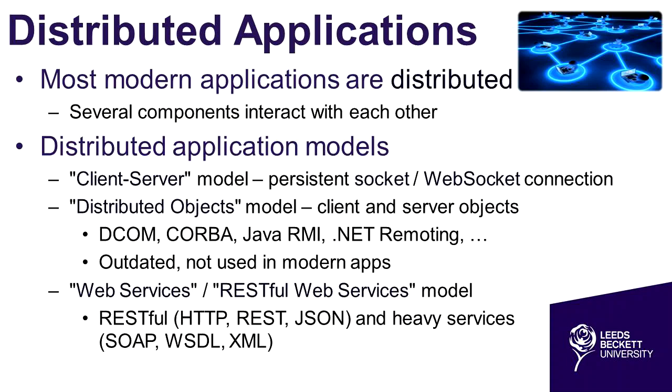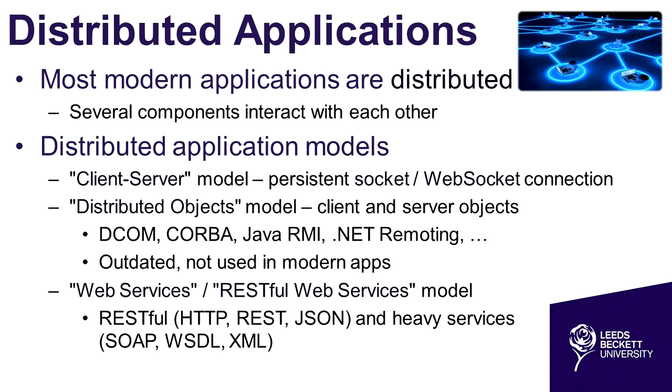There is also CORBA, which is similar to DCOM. CORBA is Common Object Request Broker Architecture. So both of these help different programs distributed across networks to communicate with each other. There's also the Java RMI, Remote Method Invocation.